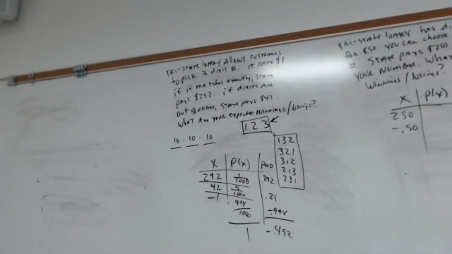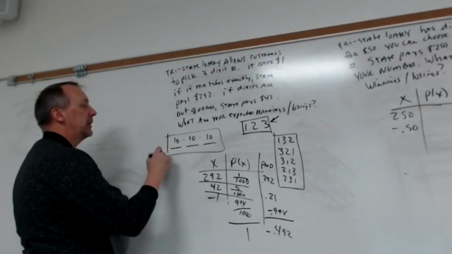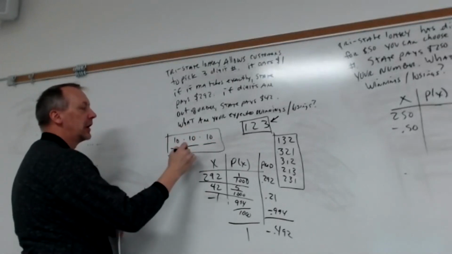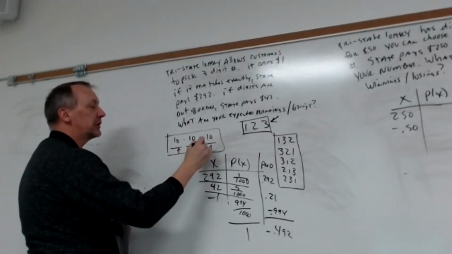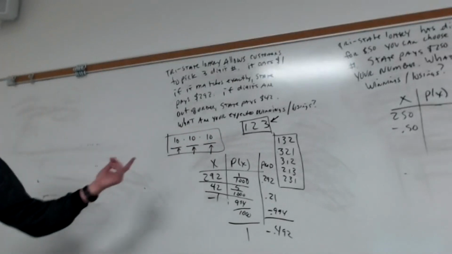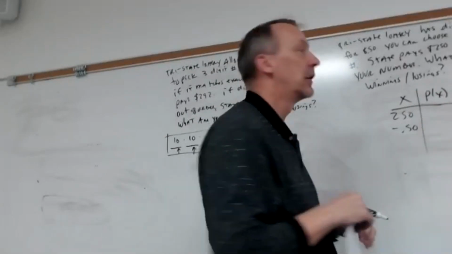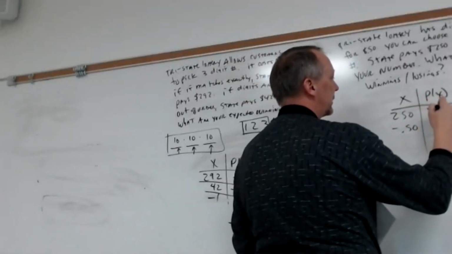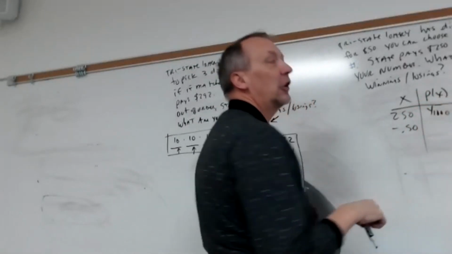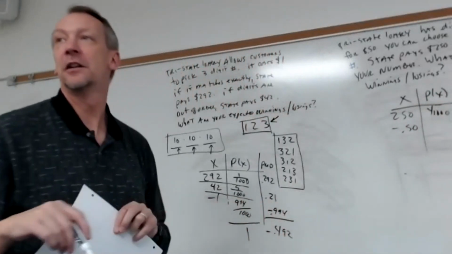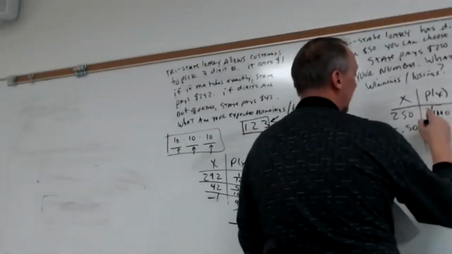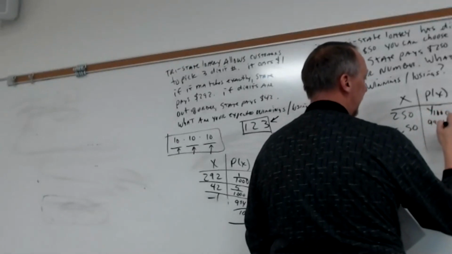Is it out of 1,000? Yeah, because we did that on the previous problem, right? You've got 10 choices for the first digit, 10 choices for the second digit, 10 choices for the third digit. So that would be 1,000 ways, and you're only going to get it one time, right? So it's 1 out of 1,000, and you're going to lose 999 times out of 1,000.